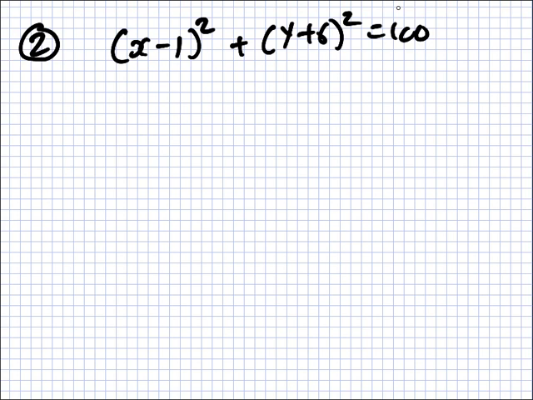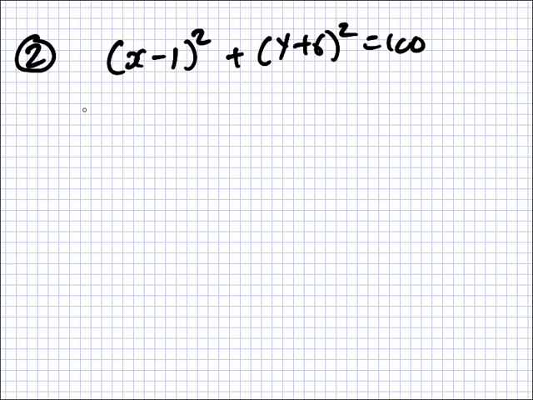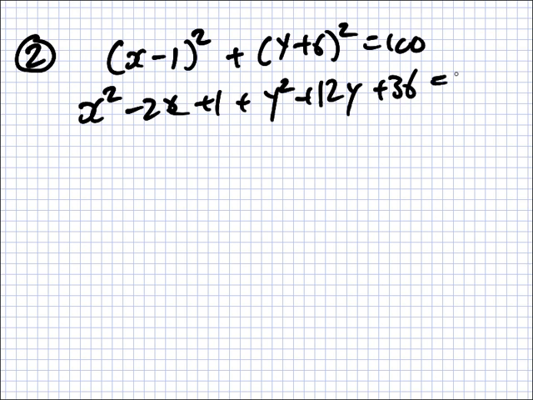You might see a question like, which one of these is the same circle as this? So you'd have to match it up. This one is just expand. You would have x squared minus 2x plus 1 plus y squared plus 12y plus 36 equals 100.